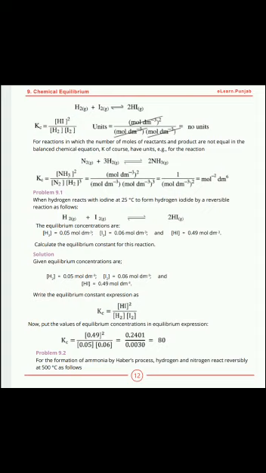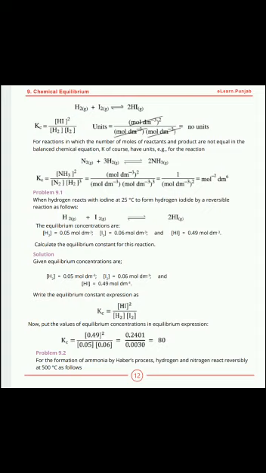Second example, N2 plus 3H2 reversible reaction 2NH3. In the reactants there is 1 nitrogen and 3 hydrogens, so 4 moles are given, and in the products there are 2 moles. So on both sides there is a different number of moles. It means Kc has some unit. So we check.